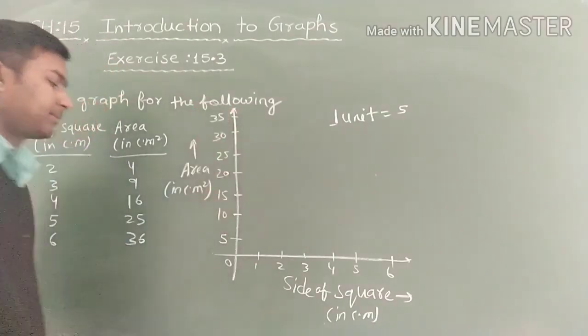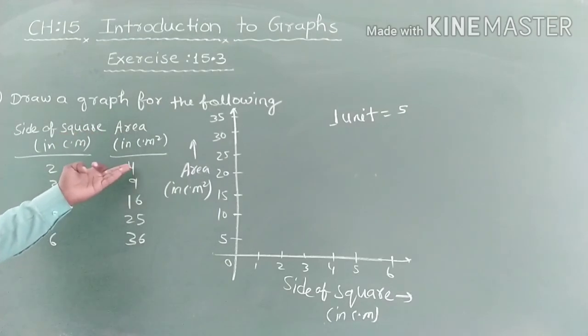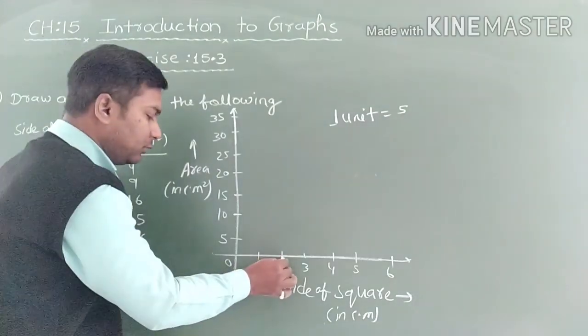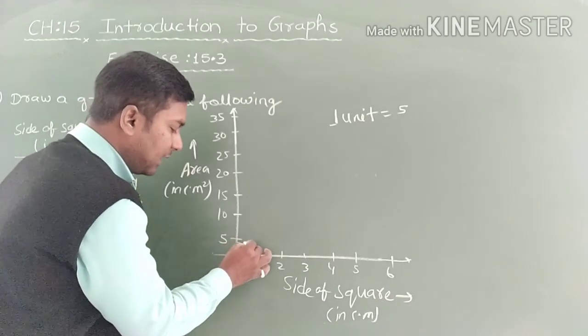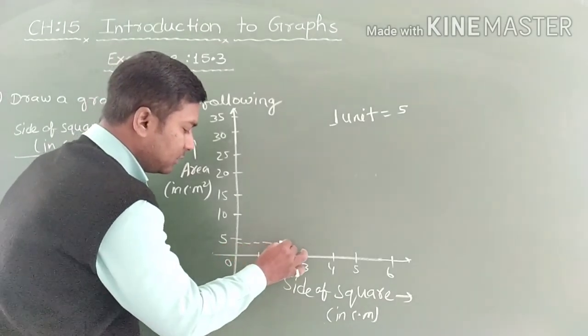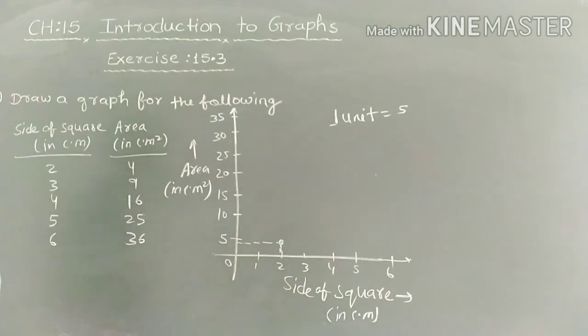Okay. Now, when side of a square is 2 cm, the area will be 4 cm square. So this will be 2, then area will be 4. So less than 5, so it will be like this. Okay. So this is the point where 2, 4 lies.